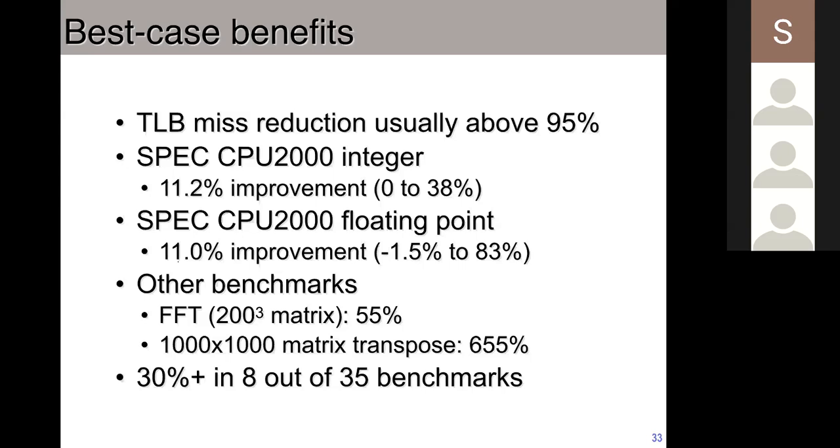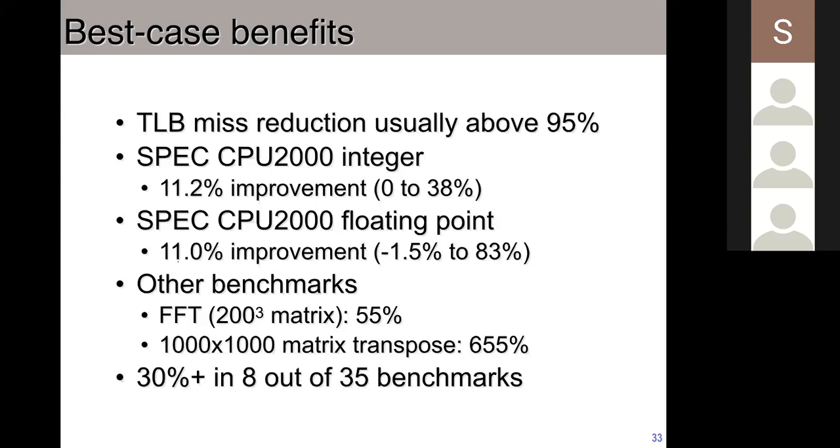SPEC is an organization that creates a lot of these benchmarks, CPU, memory benchmarks, and so forth. So they ran something called SPEC CPU 2000 benchmarks, which has integer and floating point programs to run. And then they ran a bunch of other numerical benchmarks like fast Fourier transform, matrix transposition, and so on.